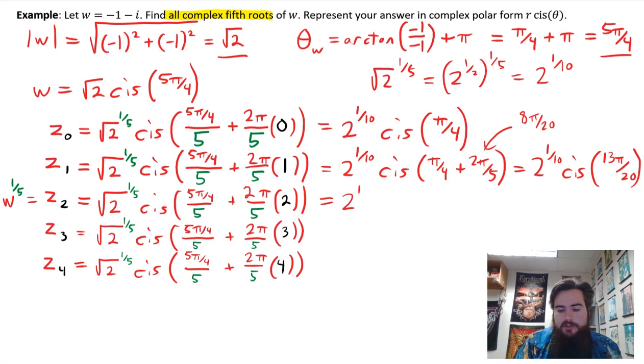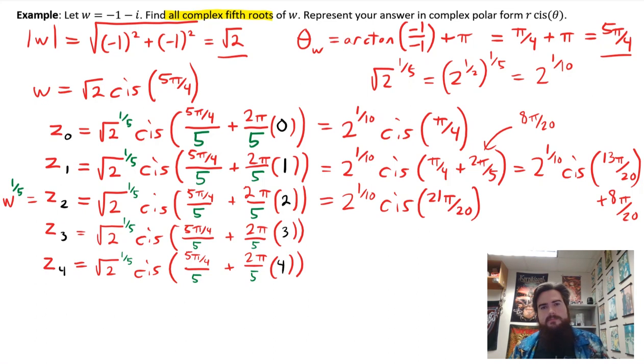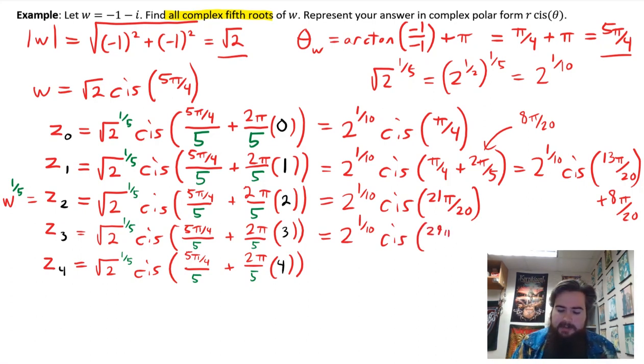So I can start to more quickly generate my answers, because I know my next one will just be 13 pi 20ths plus another 8 pi 20ths. 13 plus 8 will give me 21 pi over 20. The next one then would be 2 to the 1/10 cis of another 8 pi 20ths after that, which would be 29 pi over 20.